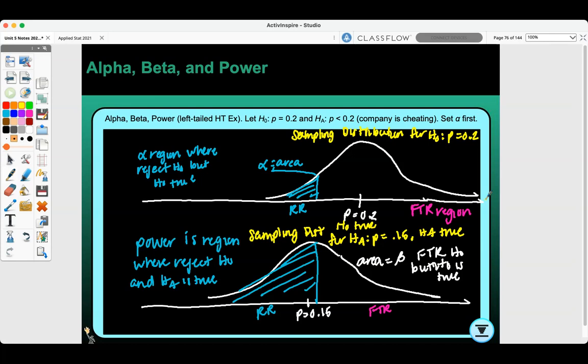So here, in our rejection region, our probability that we made the right decision increased because our power increased.